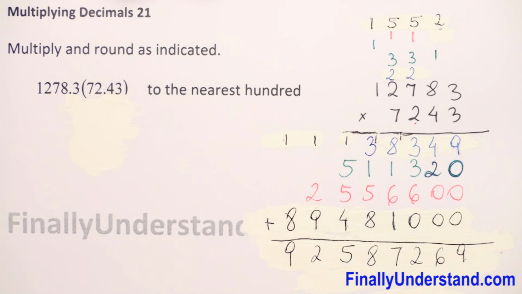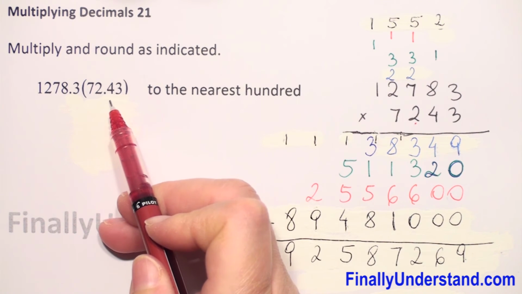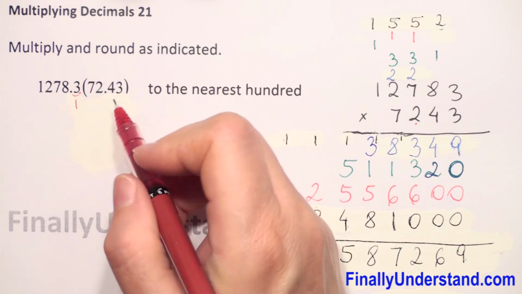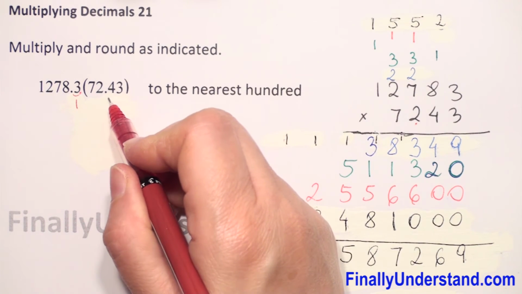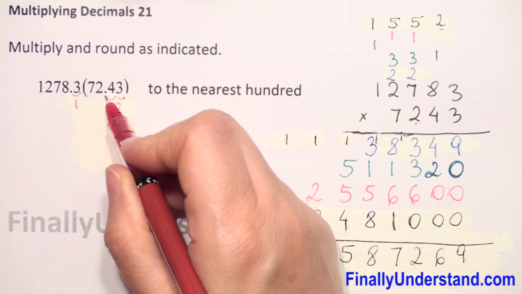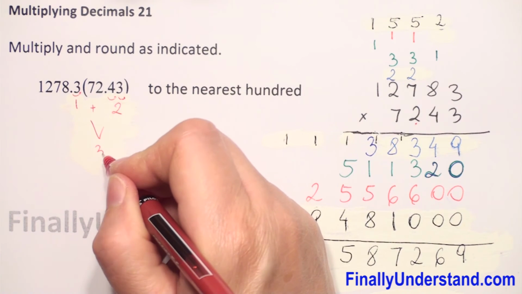So now we have to write the decimal point, so we need to count how many decimal places we have in the first factor and in the second. So we count the digits after the decimal point. This is 1, and in the second decimal number we have 2 decimal places, 2 digits after the decimal point. So 1 plus 2 is 3.